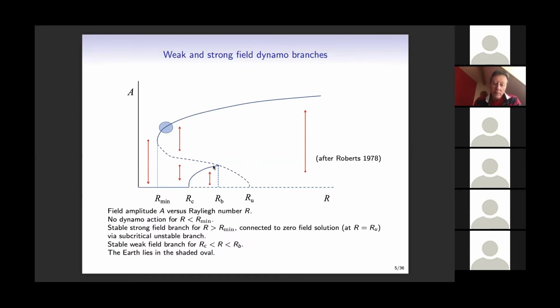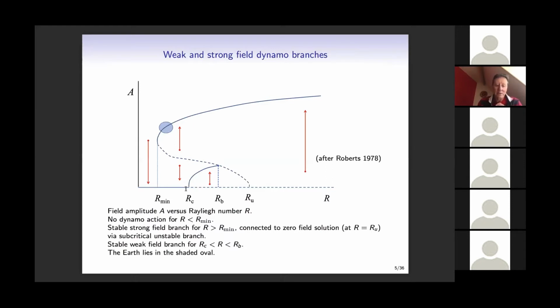Then you have a weak field branch of solutions. Okay, so these would be bifurcating from the zero state. And then you've got a strong field branch all the way up here, not connected to these guys at all. And you can see that if the strong field branch is subcritical, meaning the nose of that branch is below the dynamo branch here, then this is where the Earth must be.